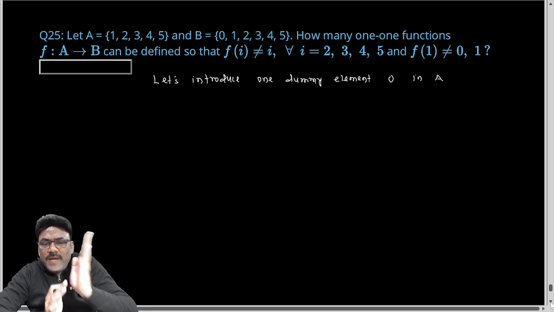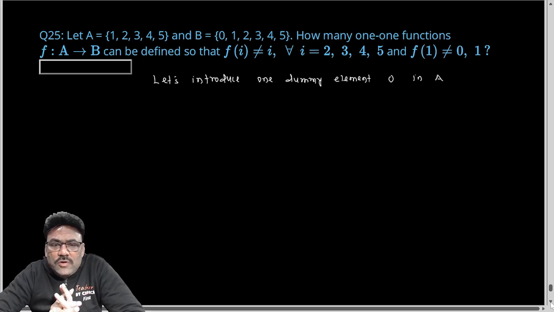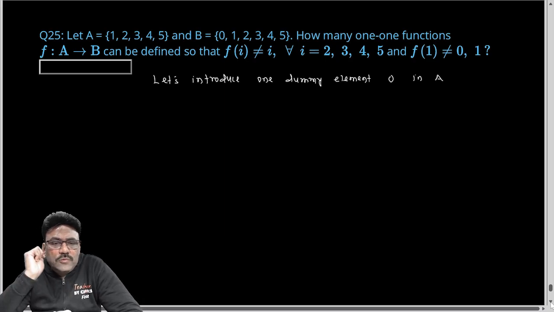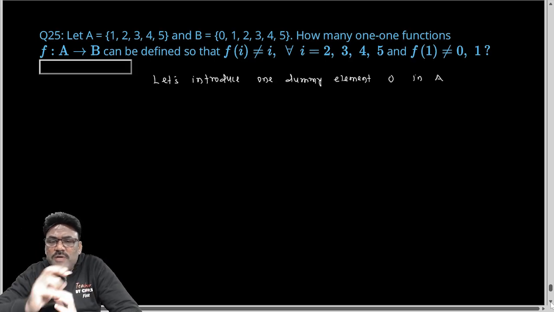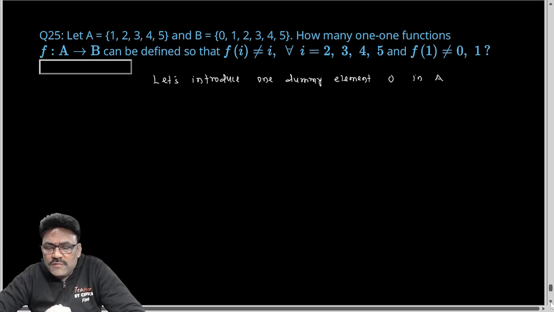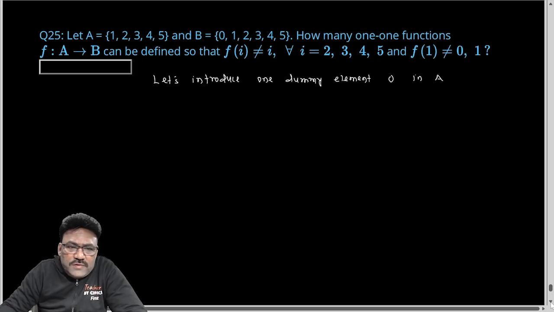And I will map 0 with that element which is not associated with any element of B. See, after association of 1, 2, 3, 4, 5, one element of B will be left which is not mapped. So that element will be left with 0. So ultimately there will be no change in the number of functions as long as these conditions get satisfied: f(i) not equal to i. So now two possibilities arise. The first case.